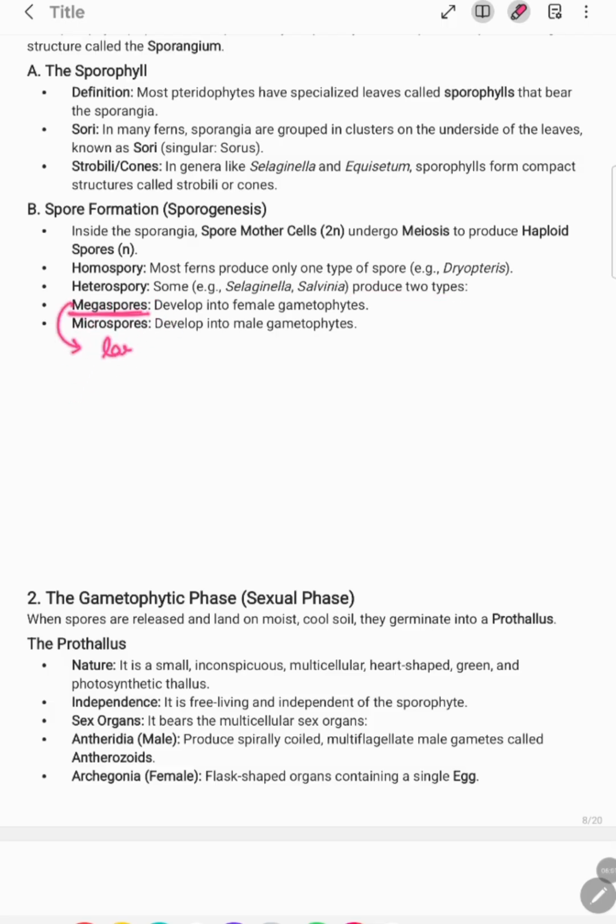Mega, as the name suggests, means large. The other spore formed is the microspore. Micro means small. The megaspore, being large, develops into the female gametophyte, while the microspores develop into the male gametophyte.